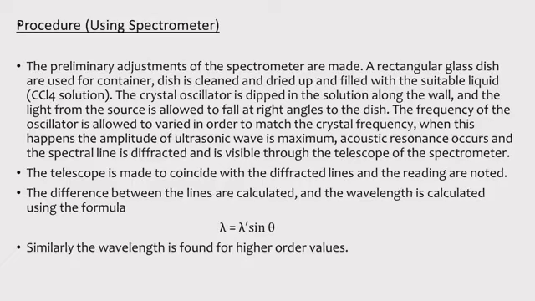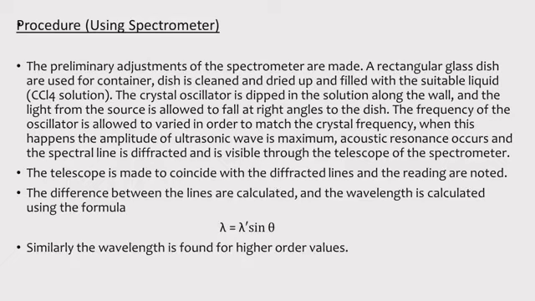When acoustic resonance happens, the spectral line which we obtain through the spectrometer from the sodium vapor lamp is diffracted, and we see two spectral lines on either side. The telescope is then made to coincide with the diffracted lines which we see.